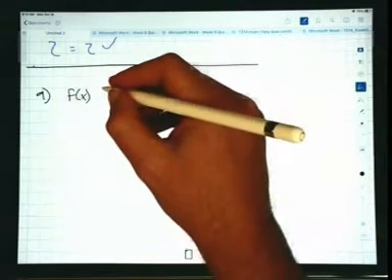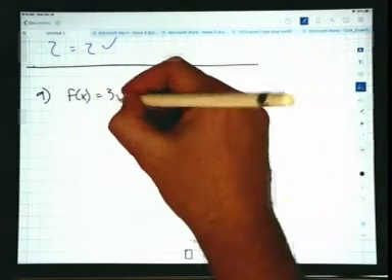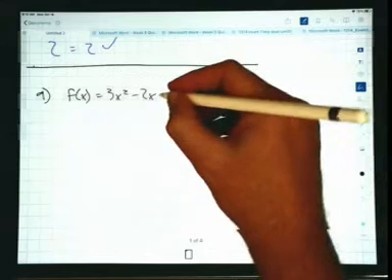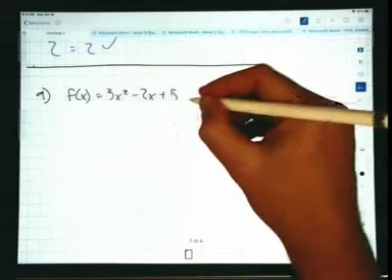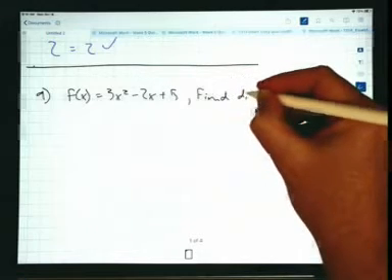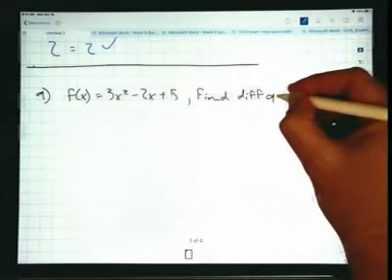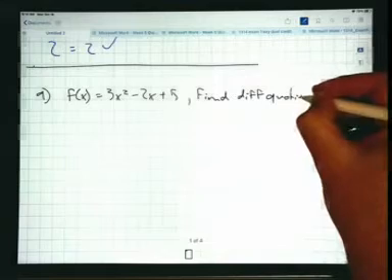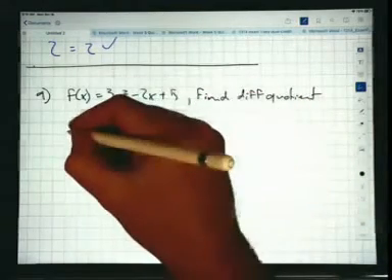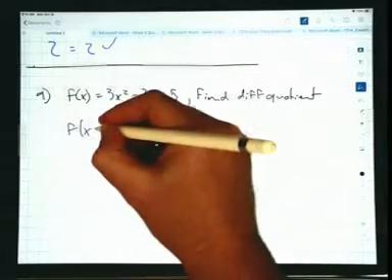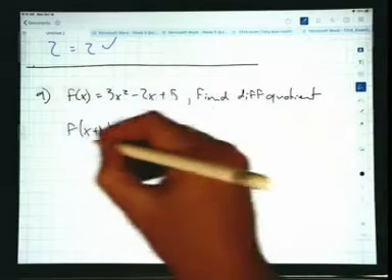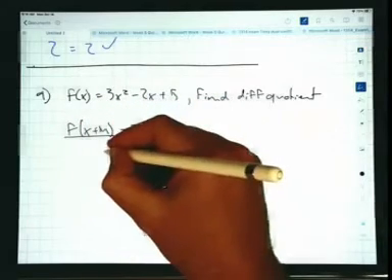We are given that f of x is equal to 3x squared minus 2x plus 5, and we are told to find the difference quotient. The difference quotient is this expression: f of x plus h minus f of x, all over h.